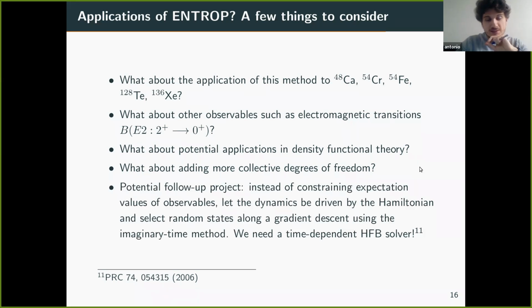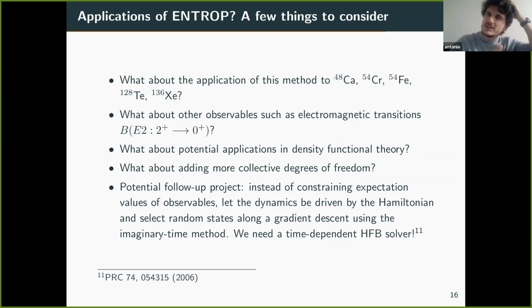And then, this is something that we had in mind: there is a possibility that instead of constraining these observables using mean field states, you can let the dynamics be driven by the Hamiltonian and then take random states along the path formed by this Hamiltonian using this imaginary time method.